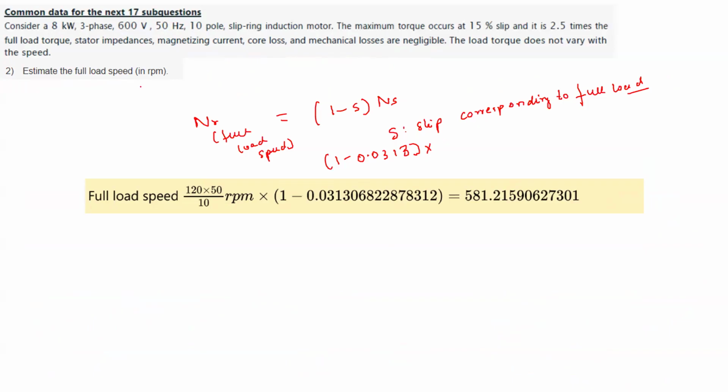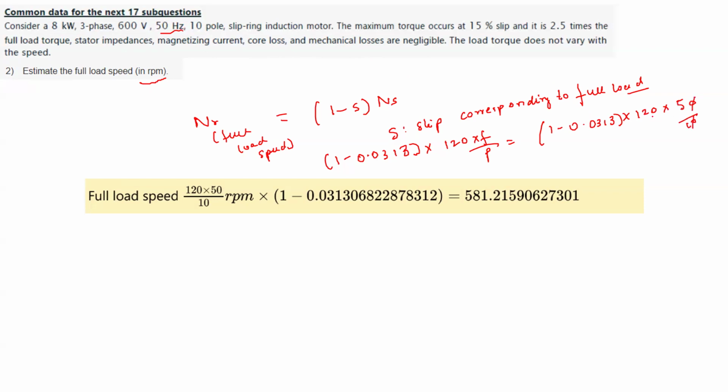Now what is ns in rpm? Because they're asking in rpm, we will substitute ns in rpm. It is 120 into f by p. Here 120, f is 50 hertz, and this is 10 pole.